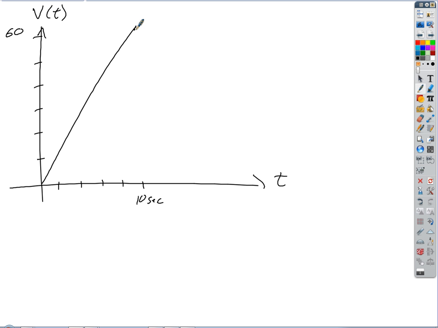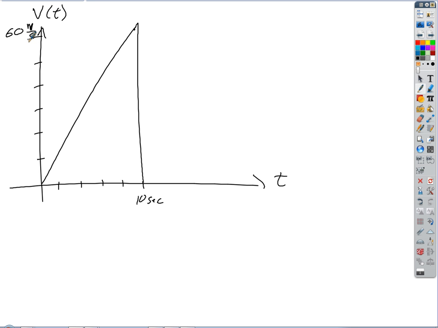So in other words, we could add up the area under this curve, and fortunately the curve is geometric, so we can just find the answer quickly, and we can know what the displacement of the car was. So what is it? 60 meters per second times 10 divided by 2, so 300 meters would be the units, right?